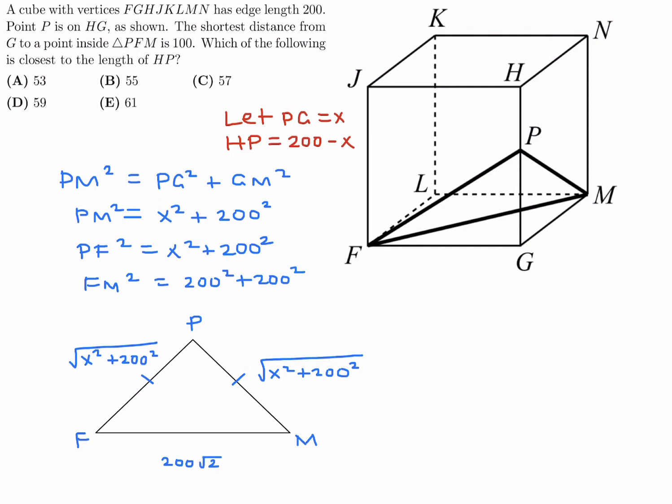Okay, so now I have to turn my attention to this part of the question stem. The shortest distance from point G to a point inside triangle PFM is 100. That basically means that if you take the shortest distance, it's going to hit at a perpendicular to that side.